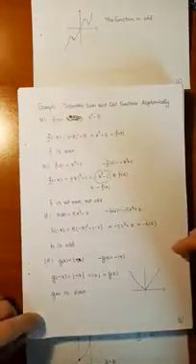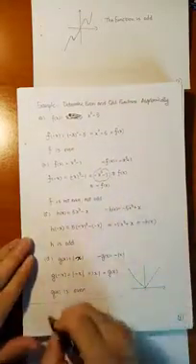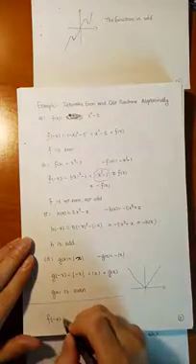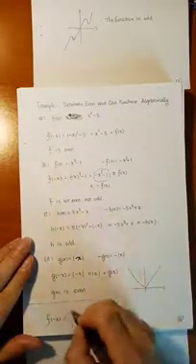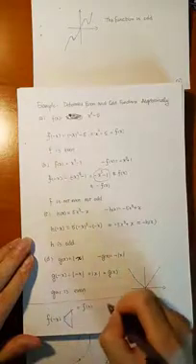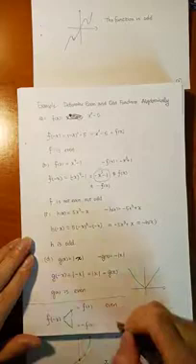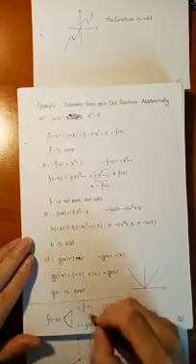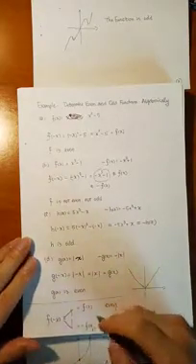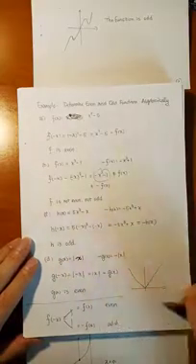So this is the even odd property. What is the even odd property? f of negative x. Two directions. If it is equal to f of x, even. If it is equal to negative f of x, odd. If it is not equal to either of them, it's not even, not odd.